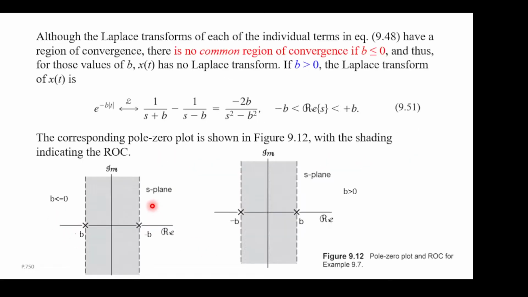So the ROC of the first part is to the right side of negative b, and the ROC of the second part is here, and they have no overlap, so there should actually be no ROC. Hopefully that's not too confusing. The ROC is the intersection of this side and this side, and there is no overlap, so there is no ROC, and the Laplace transform just doesn't converge anywhere.